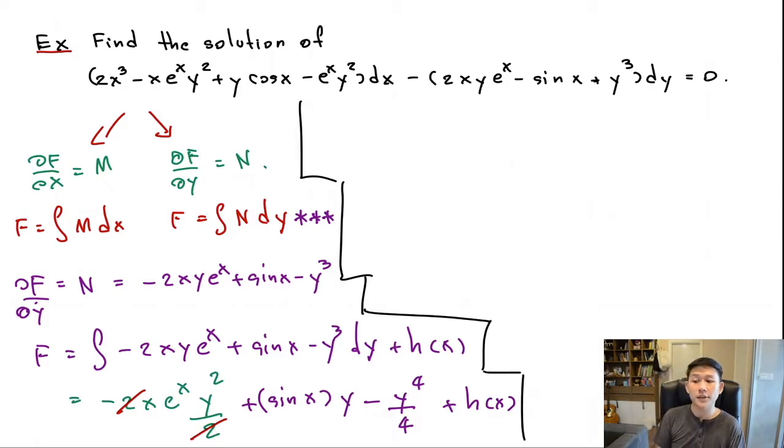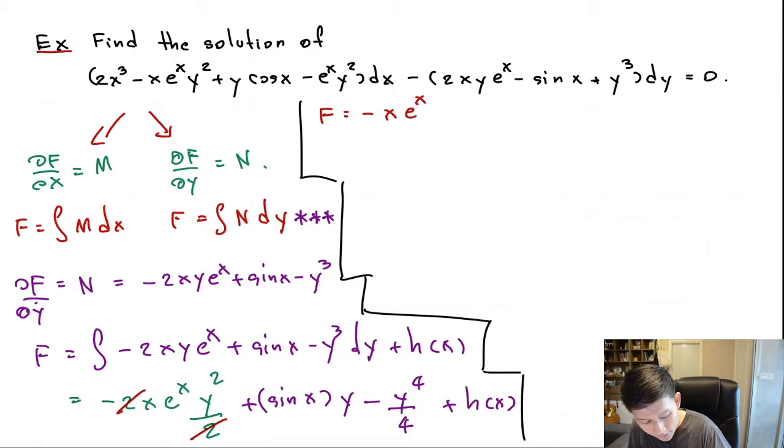So we have that f is actually minus x e to the x y squared plus y psi x minus y to the power of 4 divided by 4 plus h of x.